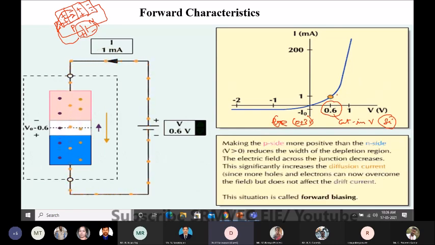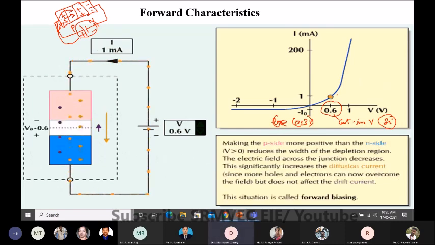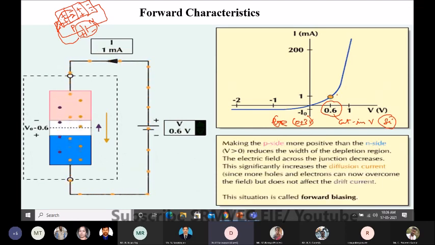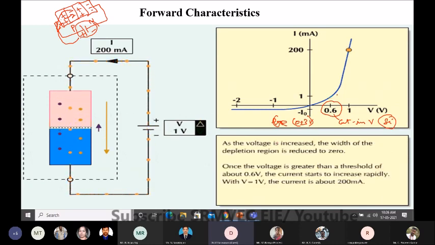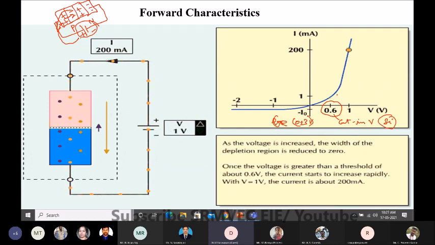So once your external supply is higher, with the positive terminal to the P type and the negative terminal to the N type material, that is called forward biasing. When this forward biasing voltage is greater than 0.3 for a germanium diode, or more than 0.7 for silicon, then the charge carriers move across the junction and current is said to be flowing.